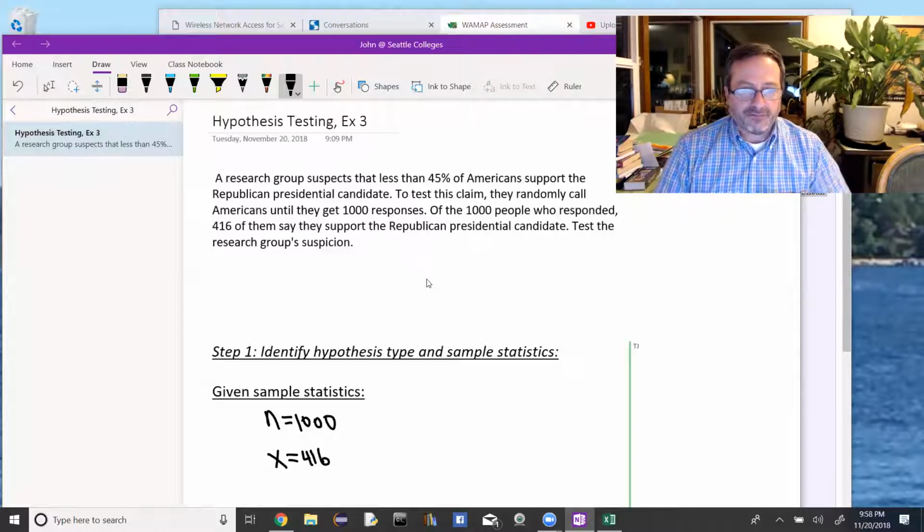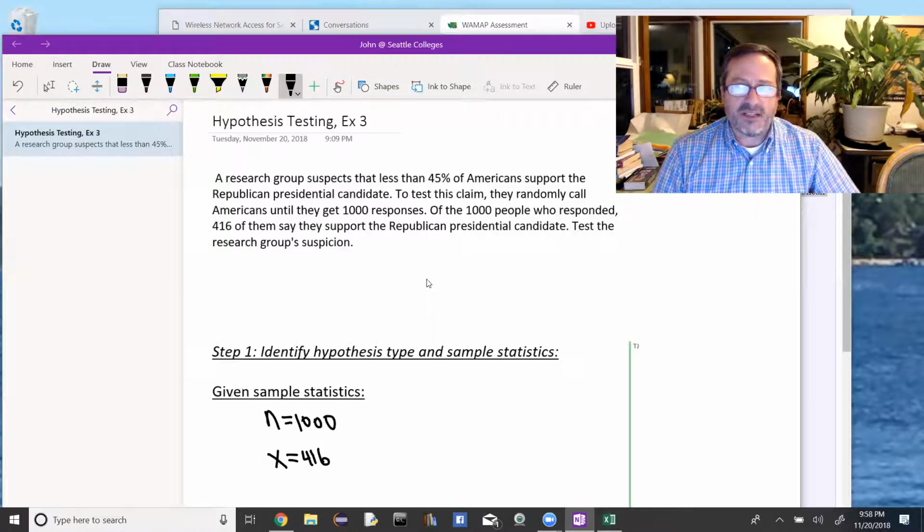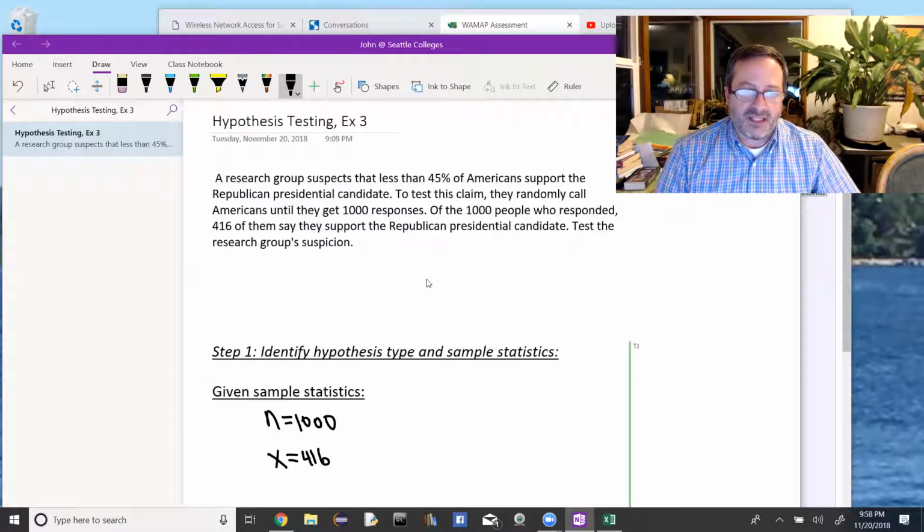It says, test the research group's suspicions. So notice there's no mean given in this problem, and there's no standard deviation given in this problem. So this is a hypotheses test about the proportion.